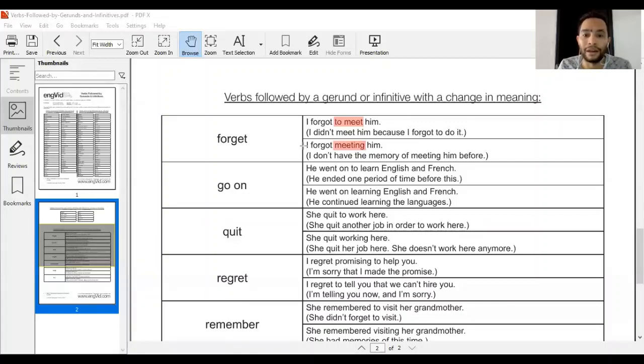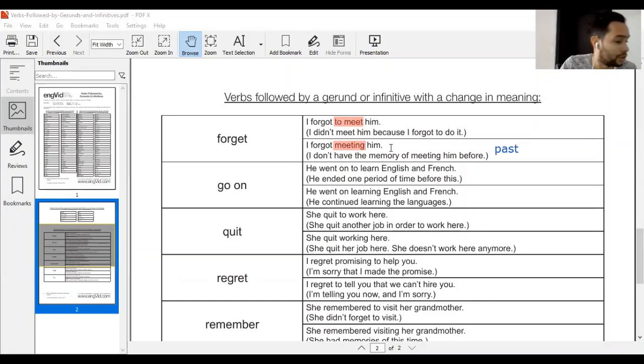Olvidaste haberlo hecho. Lo cual quiere decir que cuando usamos forget con ing, la acción tiende a ser una acción en pasado, como que la intención es en pasado, right? So again, olvidé haberlo hecho, eso es lo que significa aquí.